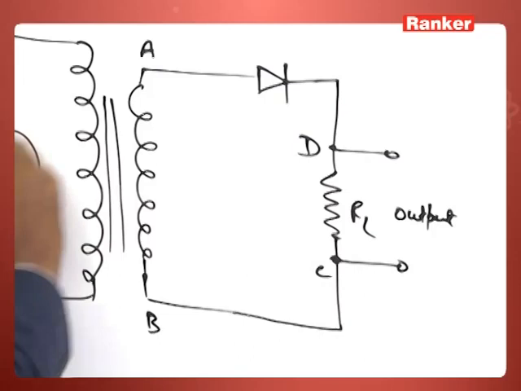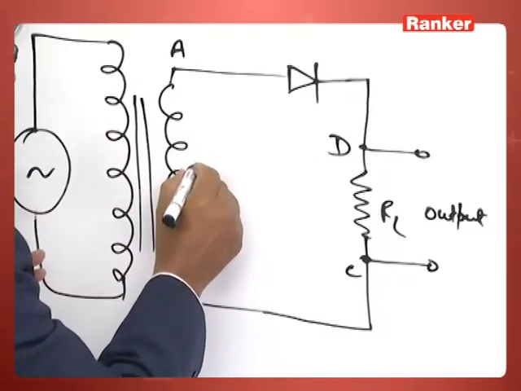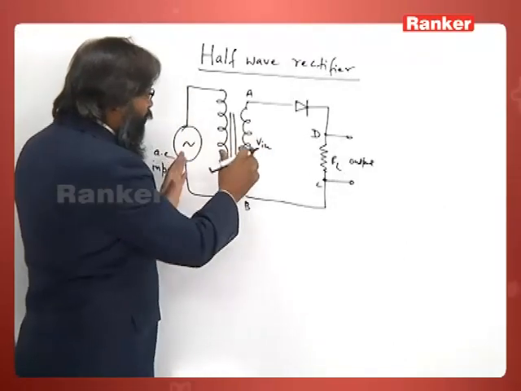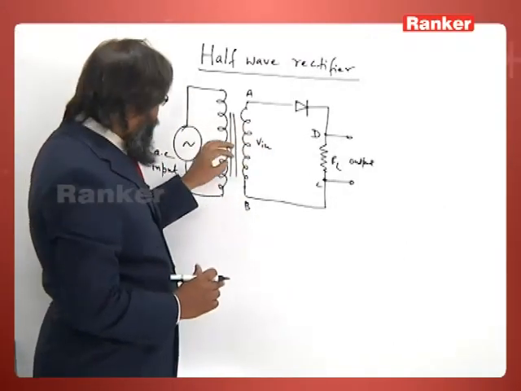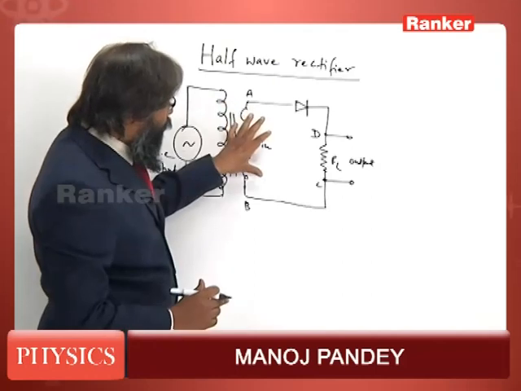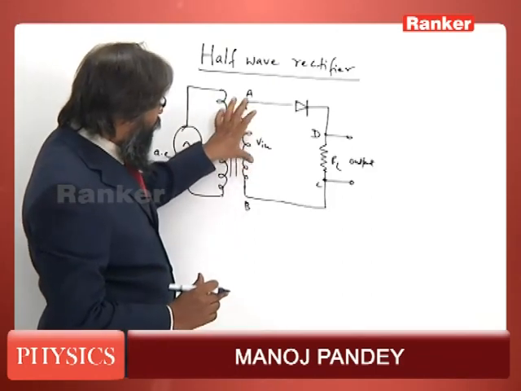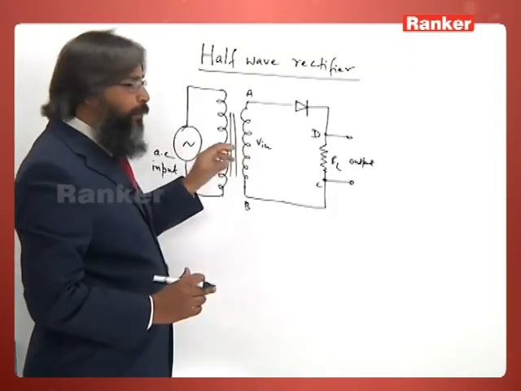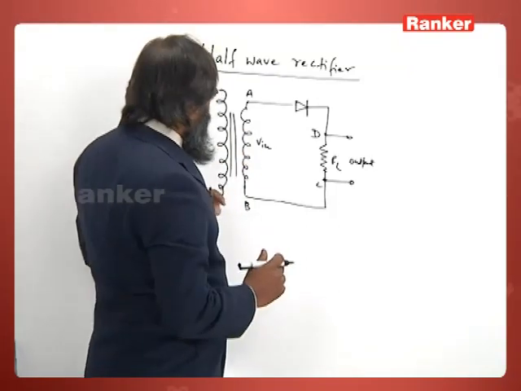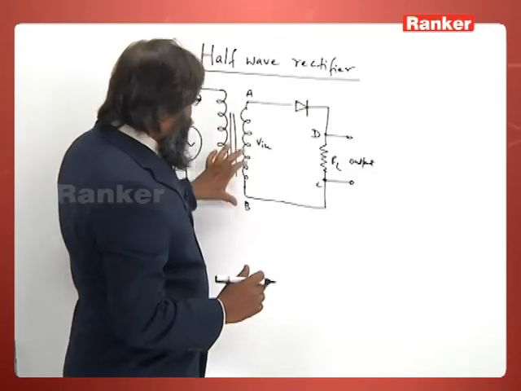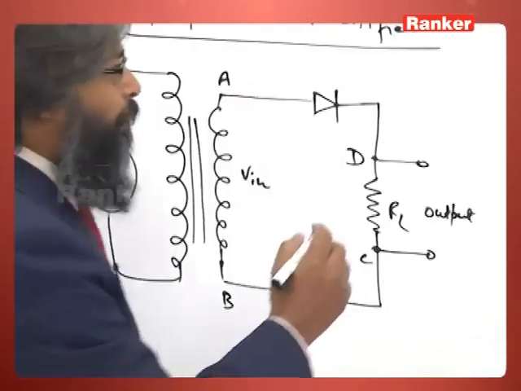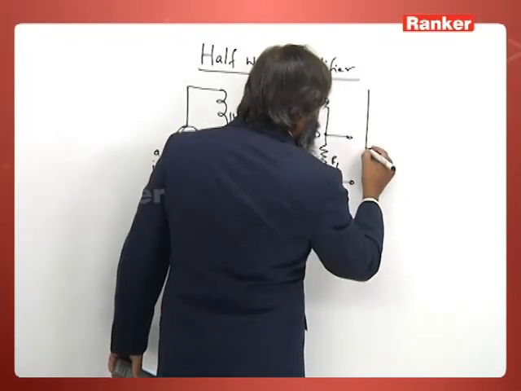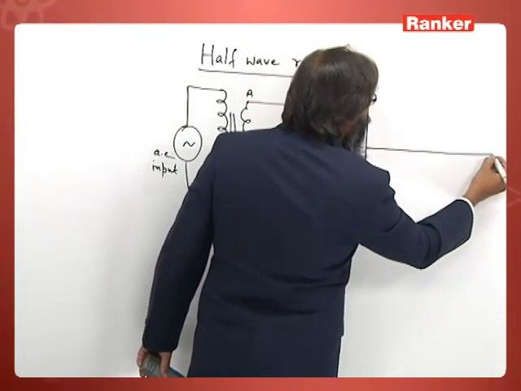Here is the sinusoidal input, and because of the mutual inductance in the transformer, an alternating voltage will be induced in the secondary, so a V input will be there. That will be an alternating input. Now let us see the input voltage which comes at A and B. Let us denote it. This is the input voltage.